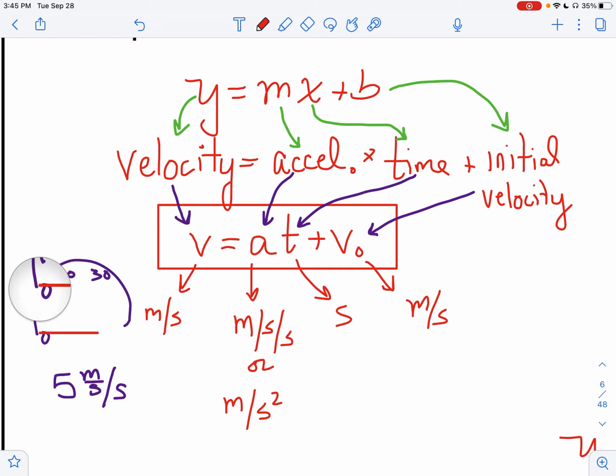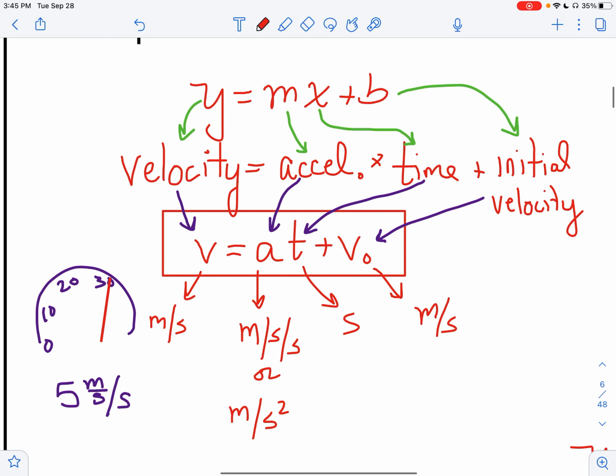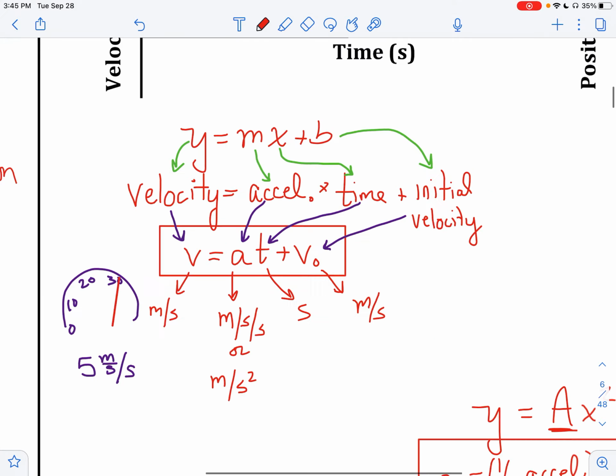And this would be a very fast acceleration. Vroom. Still end up at the same final velocity, but it's how quickly we got there. So for a car, it'd be like, I'm going 10 miles an hour faster every second, or maybe I'm only going 2 miles an hour faster every second.